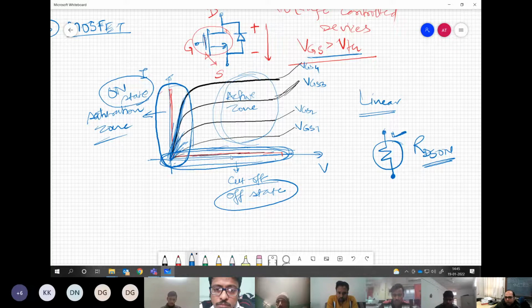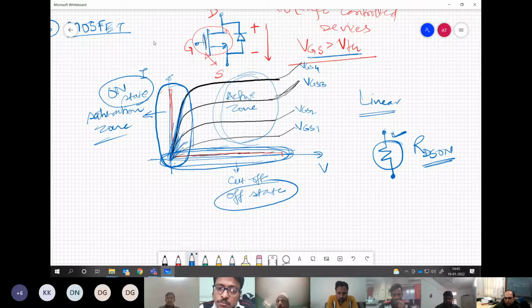Now terminology may be different based on how people are referring to it, whether they are referring to the characteristic or referring to the operation. So here we call it saturation or on state when it behaves like a resistance simply. There is no further change in the voltage and current of the device with the gate. Clear?